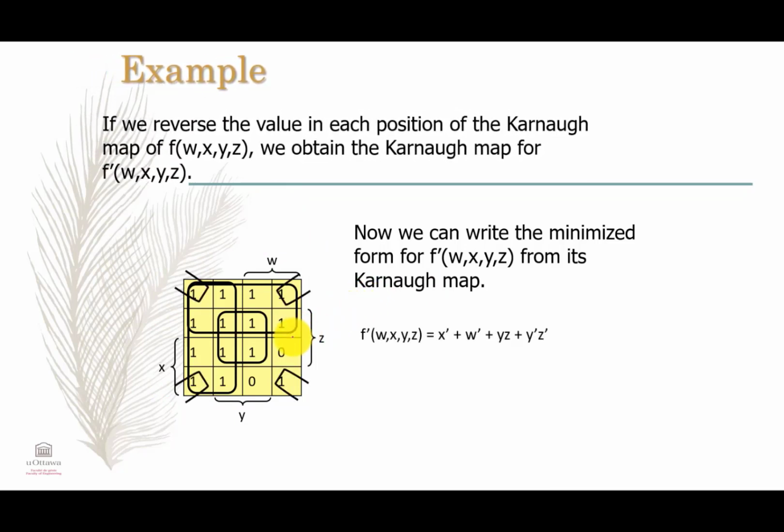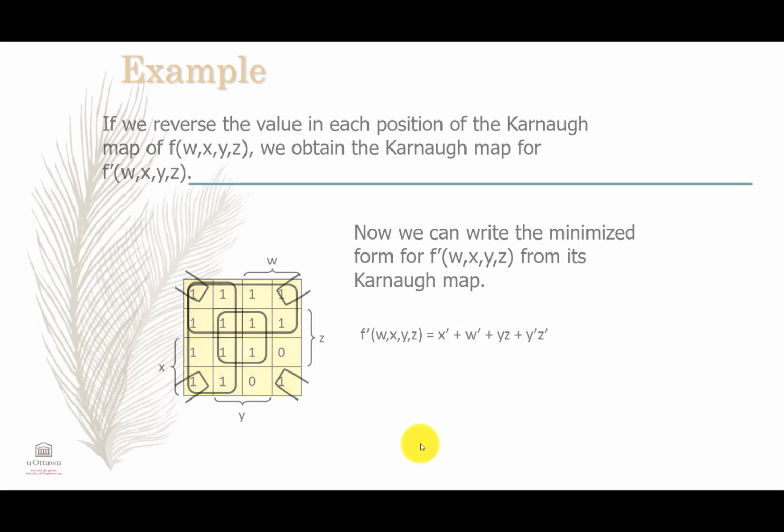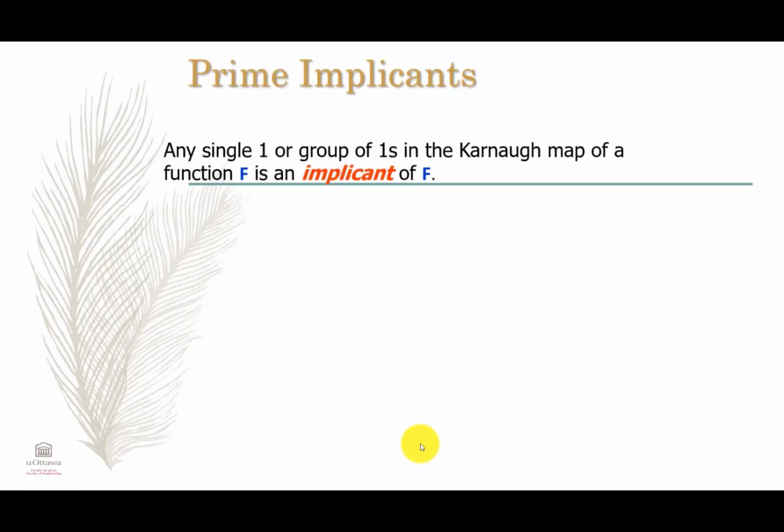Okay guys, so as you can see, by doing just a Karnaugh map, we got the result for the F prime, equivalent to applying more than 5 theorems of Boolean algebra. Now guys, let me conclude my presentation today by indicating something.